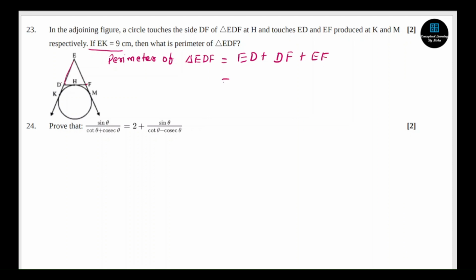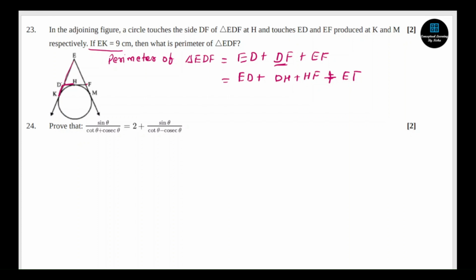Alright. Now, if I just break DF, okay, so let's understand this. So DF, if I break that into DH and HF, that is fine, right? So DH plus HF, plus EF. Now, here DH and DK, they both are the same. Why? Because they are tangents from the external point D, correct?